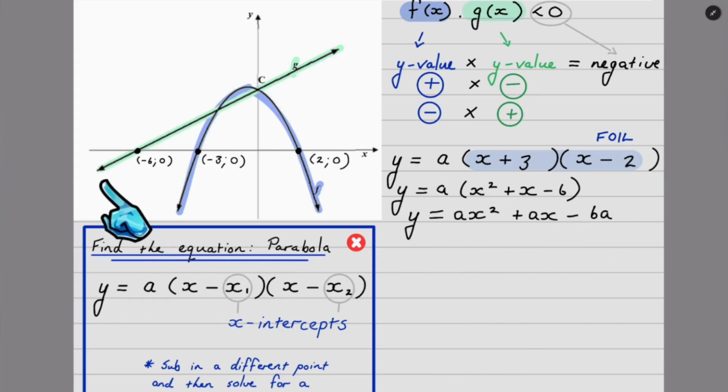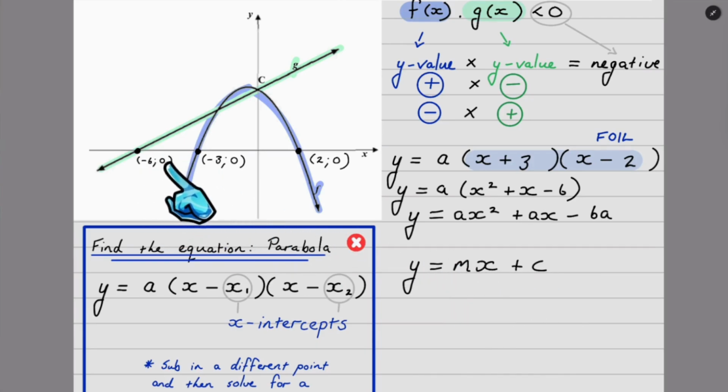Now I'm going to direct my attention towards the green graph, g. Let's grab the standard form for a linear function, y equals mx plus c. And now I'm going to do what I did with the parabola. I'm going to sub in what I can here. On the green graph, I only have 1 point here, so I'm going to sub that in over here.